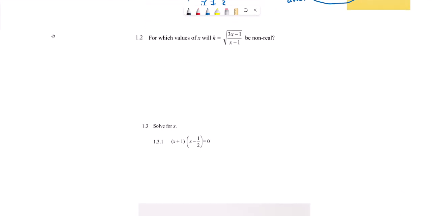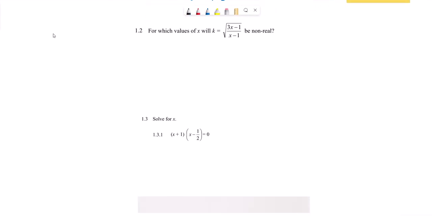Okay, for which values of x will k be non-real? For non-real it's still undefined.